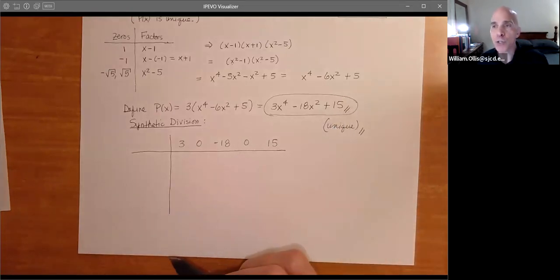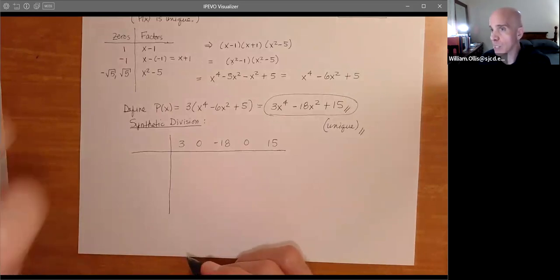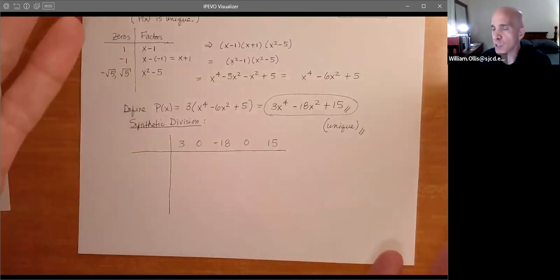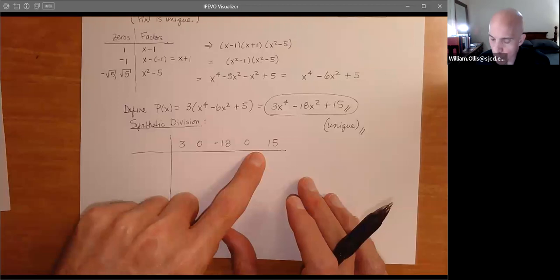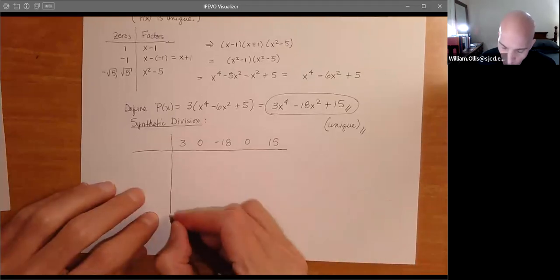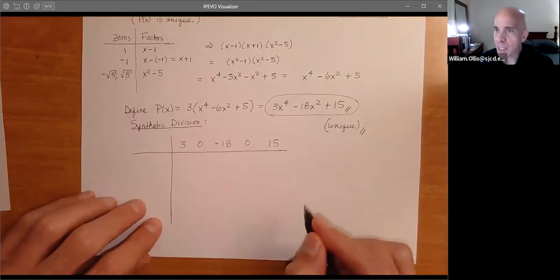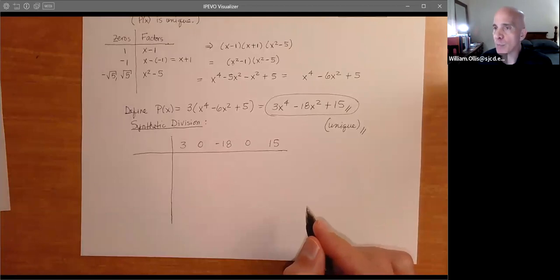So for this process to work, it's kind of like we were doing the long division process. We always want to put in placeholders where we have certain powers that don't exist. I mean, it's a 0 coefficient, so it exists, but we just don't write it normally. So these are placeholders. And so now what we would do is divide this polynomial by x minus 1.